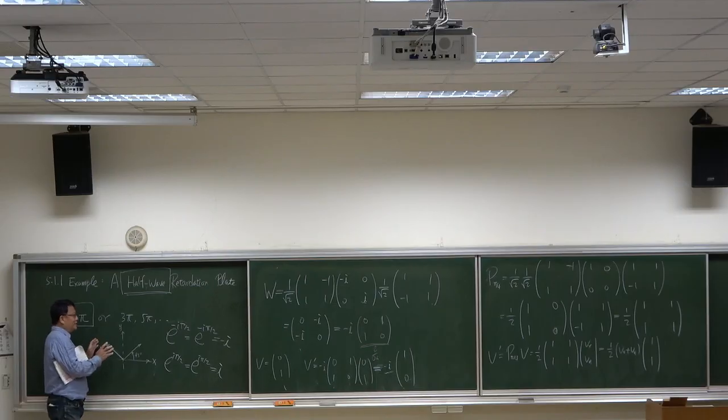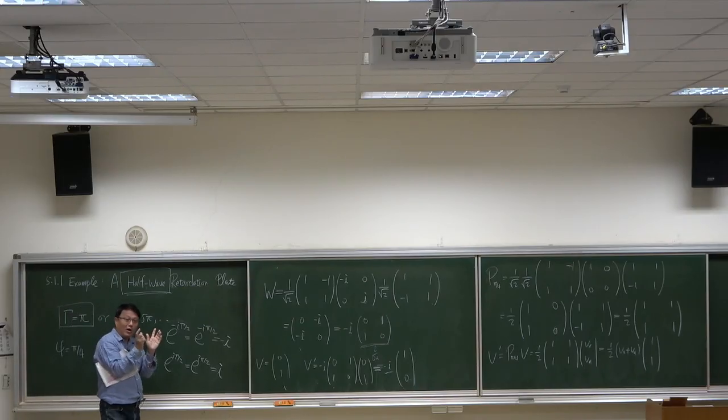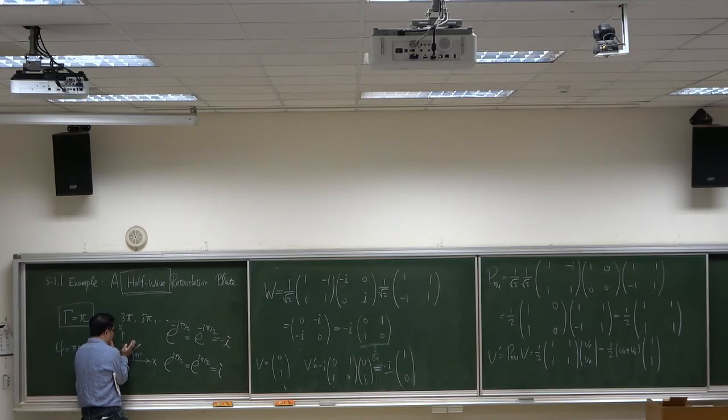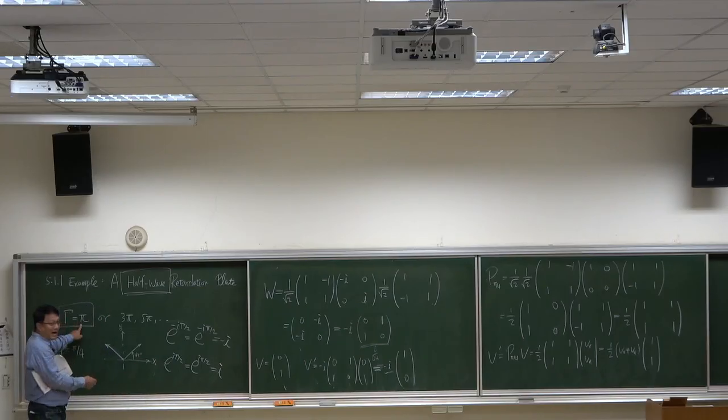We can understand this very simply. In fact, if we consider this problem in the crystal frame, then the result is very easy to understand. You see that originally we have this y polarization state. If you project the y onto the slow and the fast axes, then both components are equal. We have two equal components projecting on the two axes. After passing through this wave plate, the phase difference between these two axes is pi.